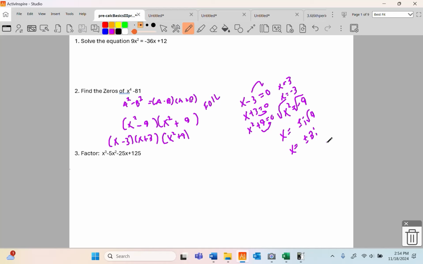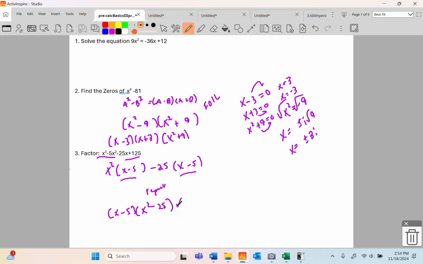Factor this one. This would be your factoring by grouping example. I can pull an x squared from the first 2 pieces. I'm left with x minus 5. I can then turn around and pull 25 from the back 2 pieces. Notice I pulled the negativity because this factor had to repeat. It has to. The common factor is x minus 5. What's left over is x squared minus 25.